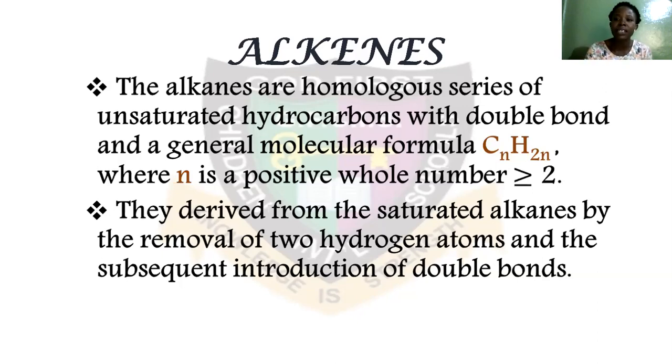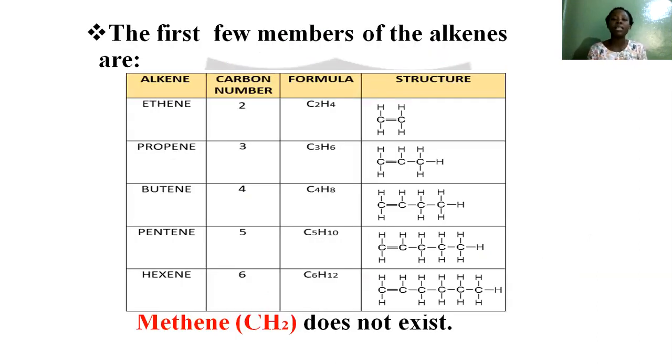So let's take a look at the first few members of the alkenes. You see the first one, ethene. I told you the first member starts from carbon 2. So you have C2H4. If you use the general molecular formula, C2H4, because 2 times 2 is 4. So that is the molecular formula of the first member, C2H4.